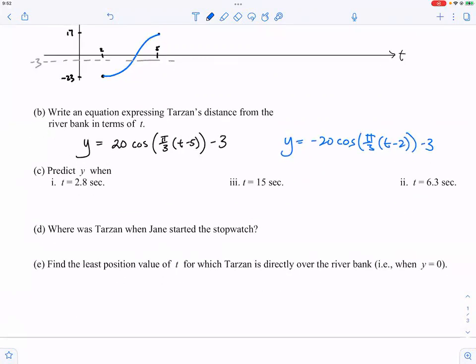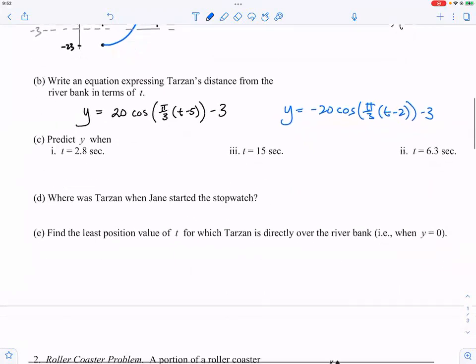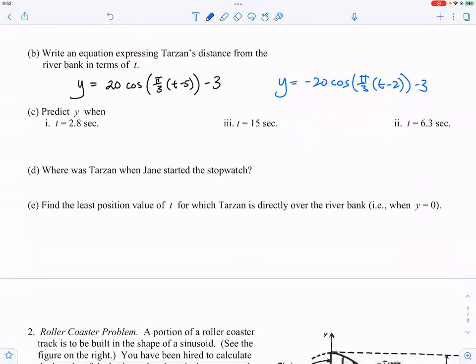Again, you would go to menu, trace, and then graph trace. You type in 2.8, and see if you get the same answer that I did. If you have 2.8 seconds, I got y equals negative 16.383. Yes? For 15, I got y equals negative 13, flat.